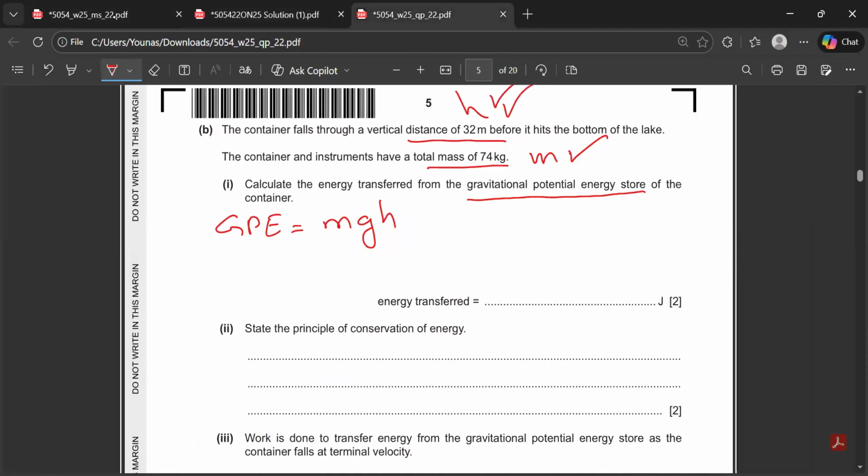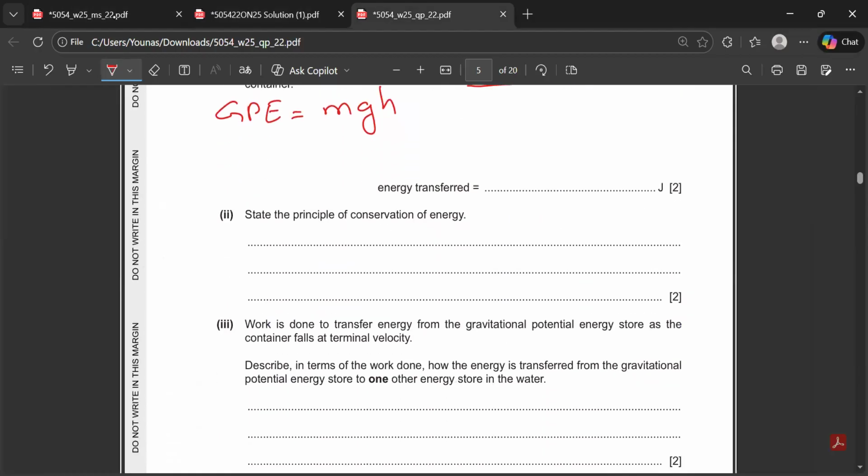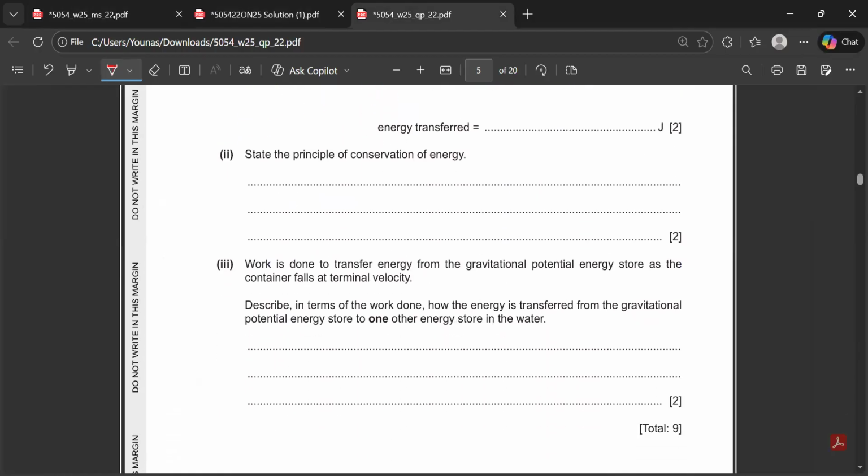Now, B second part, he says state the principle of the conservation of energy. According to the principle of conservation of energy, it talks about an isolated system, and the total energy of that system always remains constant. Energy can neither be created nor destroyed.